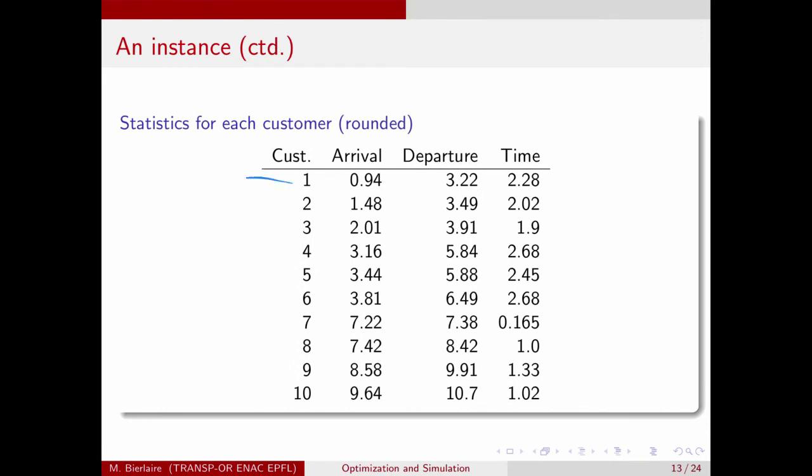For each customer we know the arrival time, the departure time, and therefore we can derive the time these people stayed in the bar before being served. And remember, this is how the manager wanted to measure the level of service, by counting how much time people spend in the bar before being served.